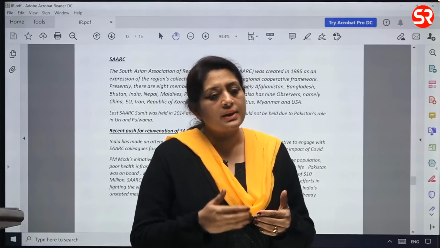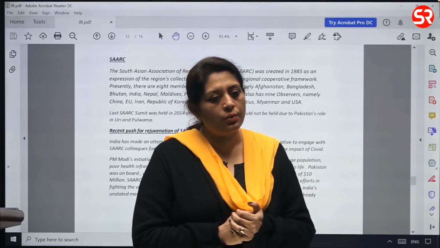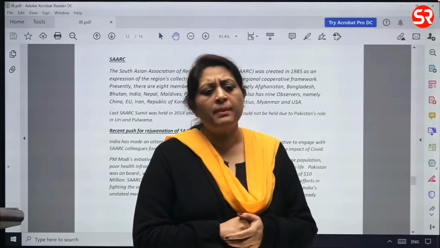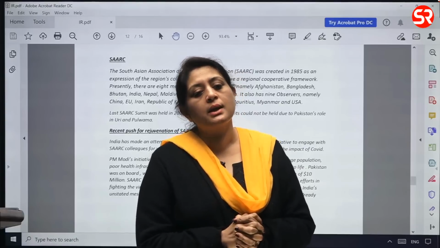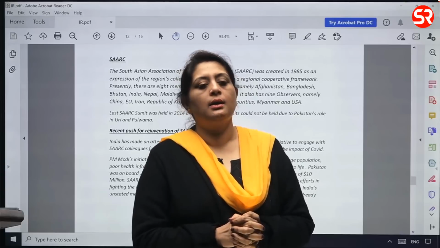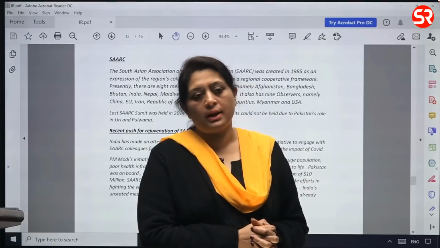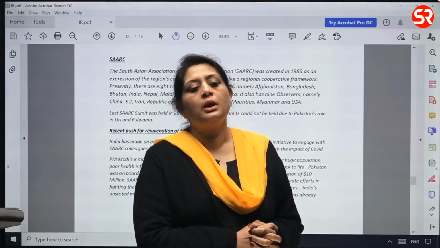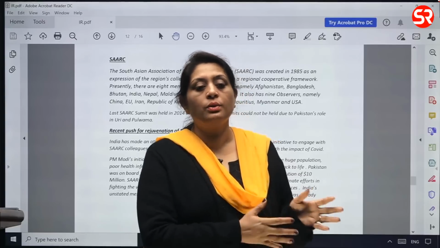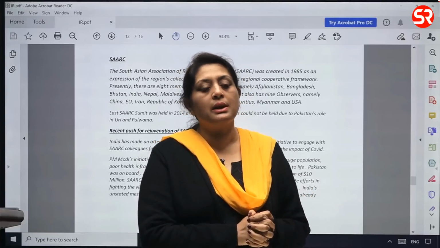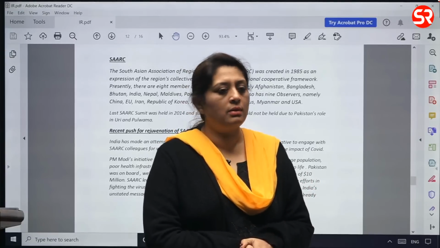Since Uri and Pulwama, the summit was due in Islamabad, but because India demands that Pakistan take something concrete, we have been boycotting it, and India has been following the policy of isolation of Pakistan. So the summit has not happened, and other smaller countries like Nepal have also expressed concern.